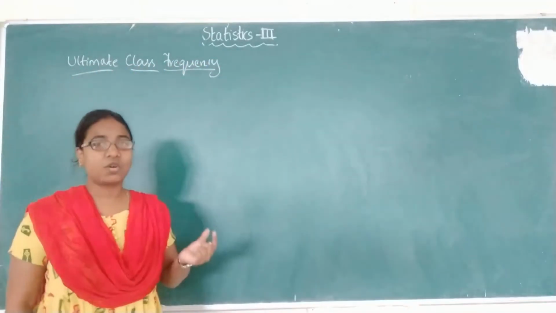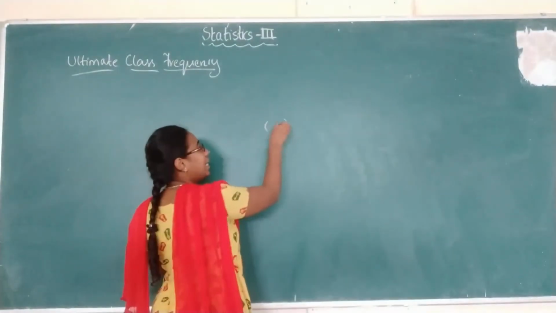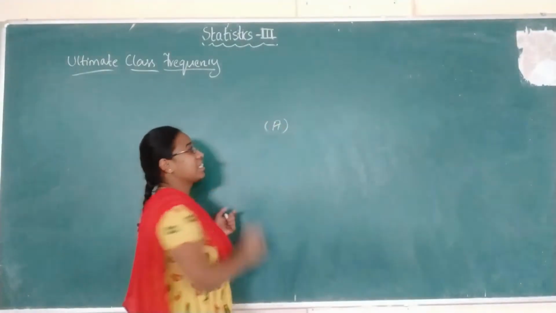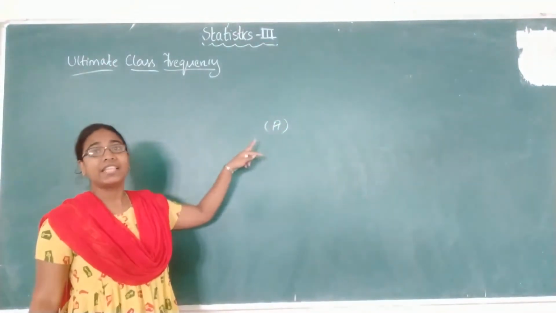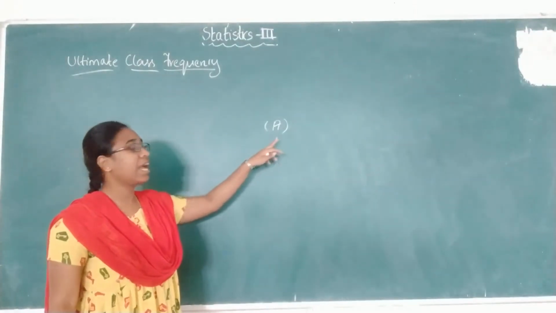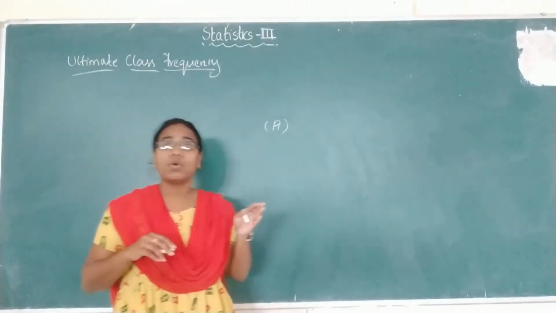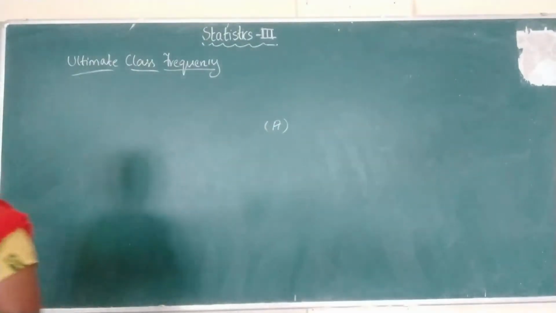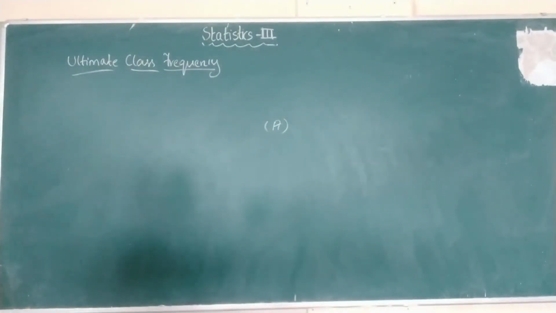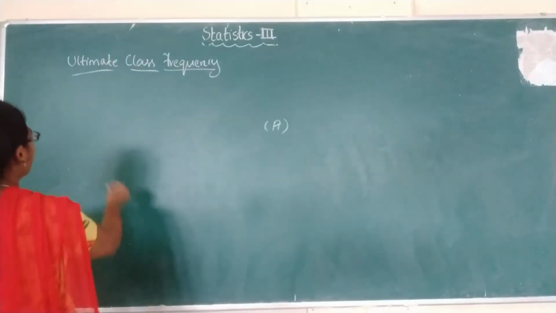Class frequencies are always denoted with bracket letters for any class. If I consider the class A, the class frequency is given as the bracket, the number of values possessing that class. Now, ultimate class frequency is defined in a dichotomous classification.